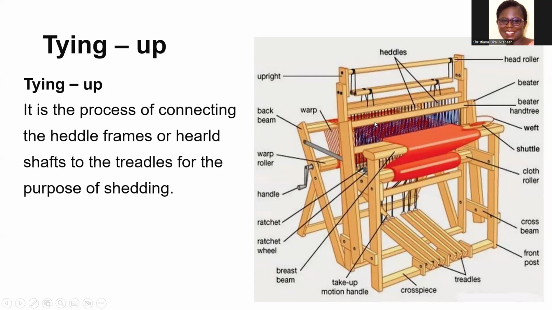So now you have fixed all, these are our shafts. You have put all the yarns here. You need to tie the shafts to the connecting treadles. These are the treadles. So the treadle one, treadle two, treadle three, treadle four, treadle five, treadle six.